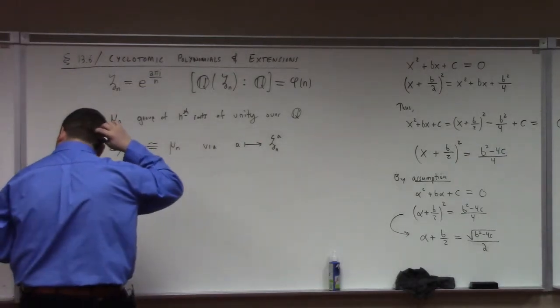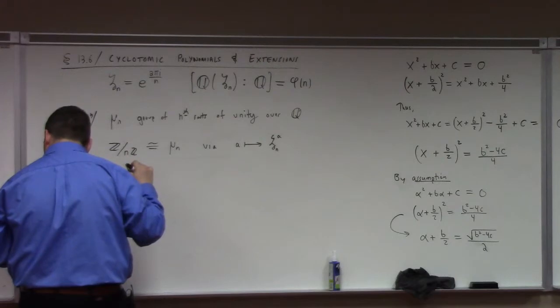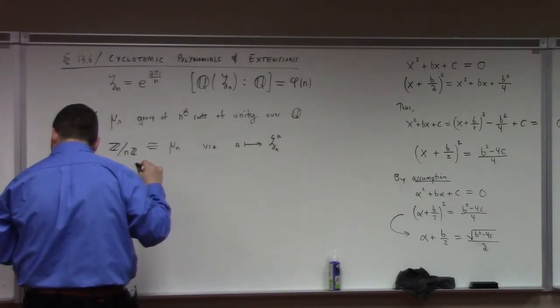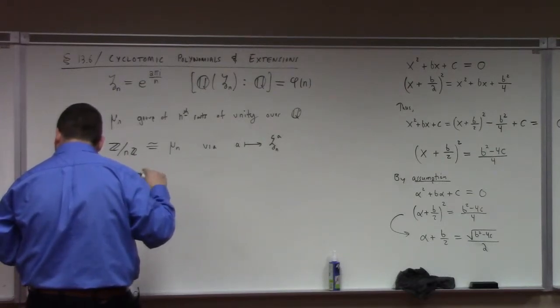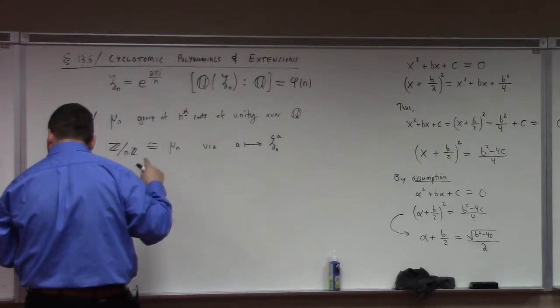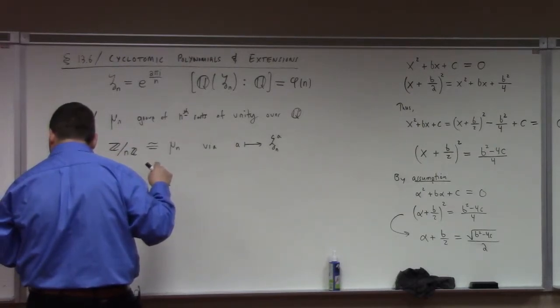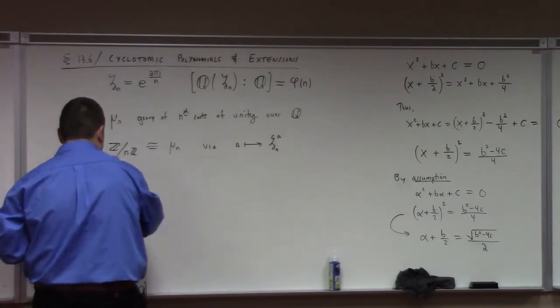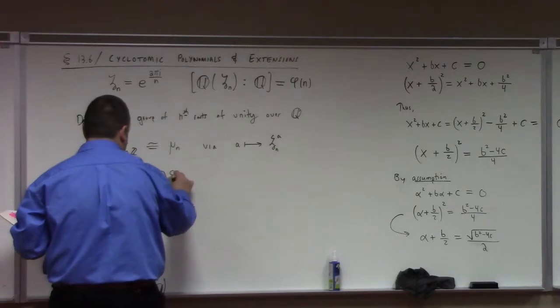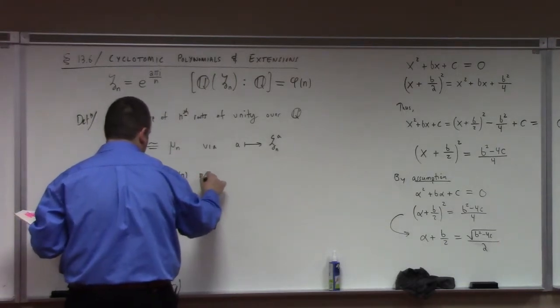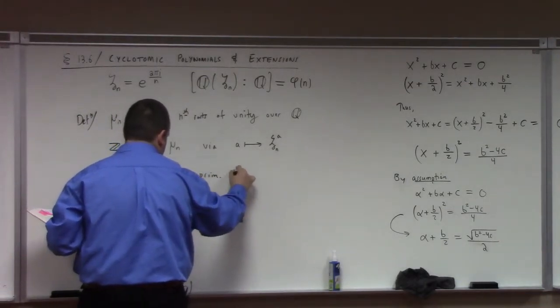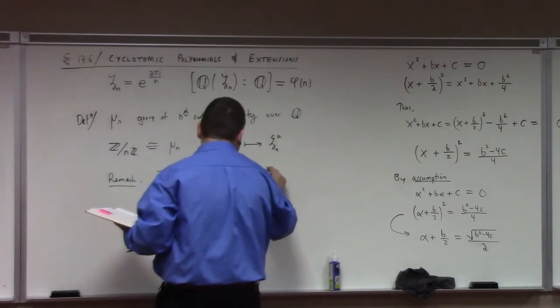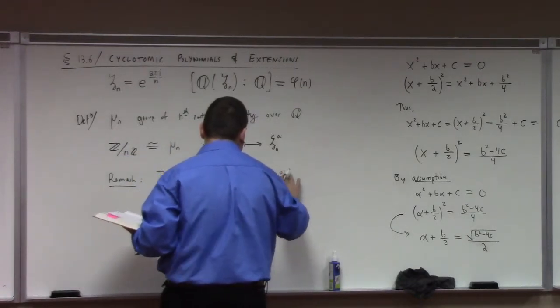Getting to the point here, he says the primitive nth roots of unity are given by residue classes prime to n, so there are precisely phi of n primitive nth roots of unity. Remark: there exist phi of n primitive nth roots of unity.